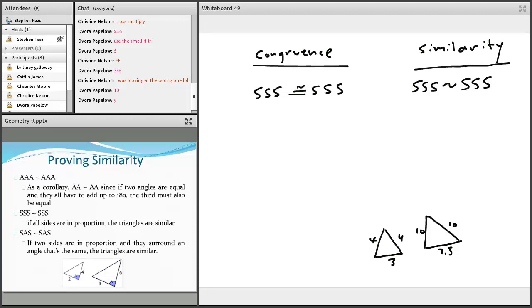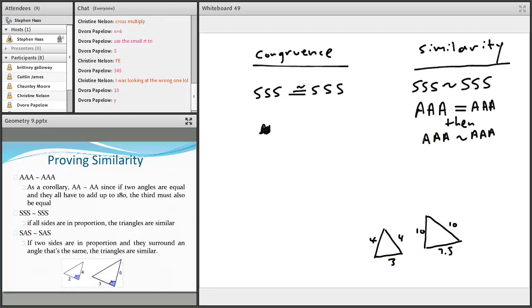Okay, for congruence you didn't have AAA. AAA didn't work at all. But for similarity, if all three angles are equal to each other, then the triangles are similar.